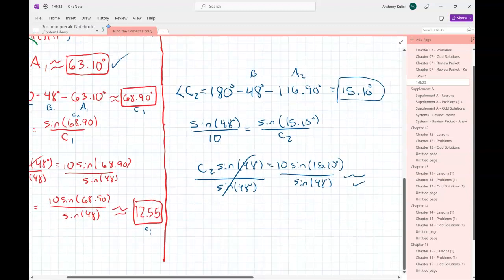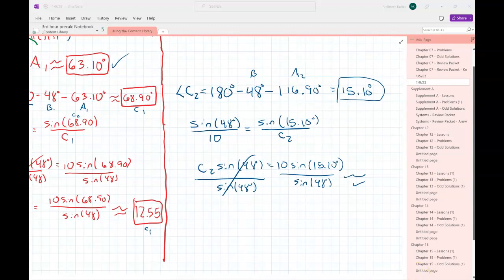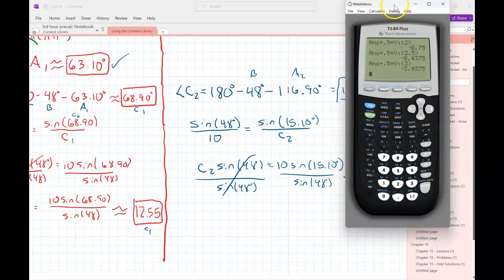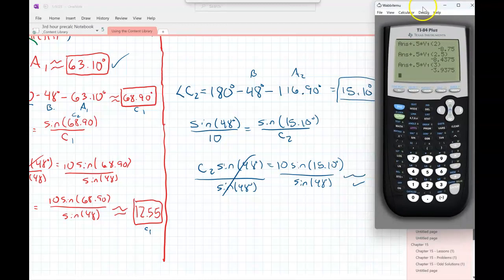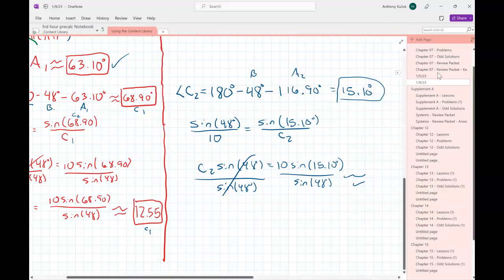And then into my calculator this goes. Before I type this in, what should I check? I checked my mode. These should be in degrees because all the angles were measured in degrees. But you might not have had your calculator on in 3 weeks or something. Who knows what mode it was left in. So I type this in exactly as it looks on my paper, and I get about 3.51.